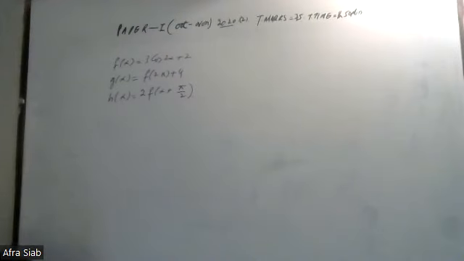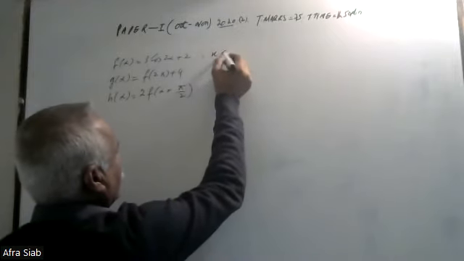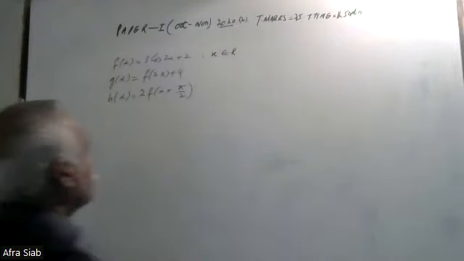Describe fully a separate part C. f of x is given there, 3 cos of 2x plus 2, where x belongs to the real numbers.